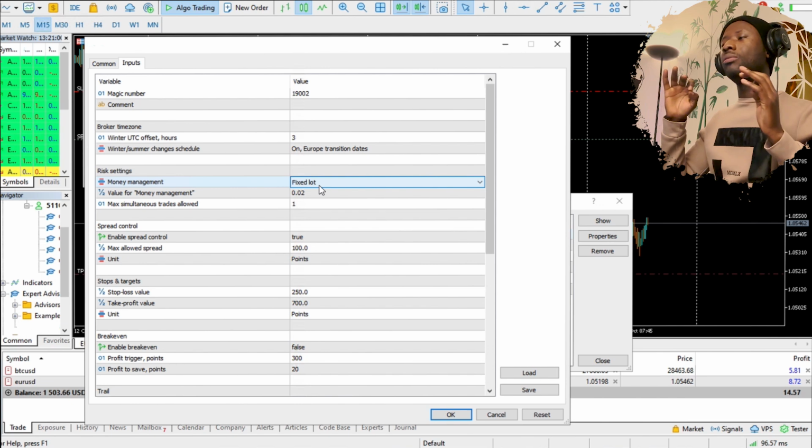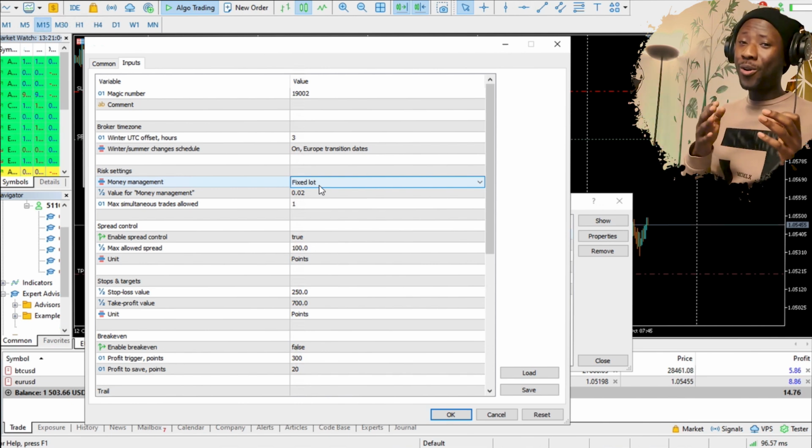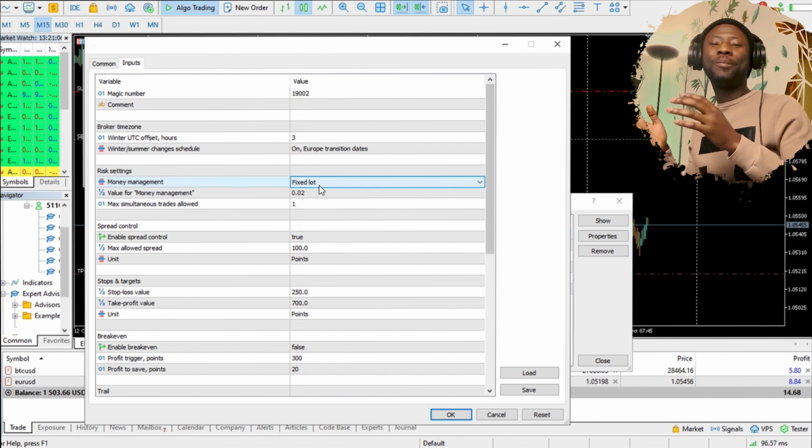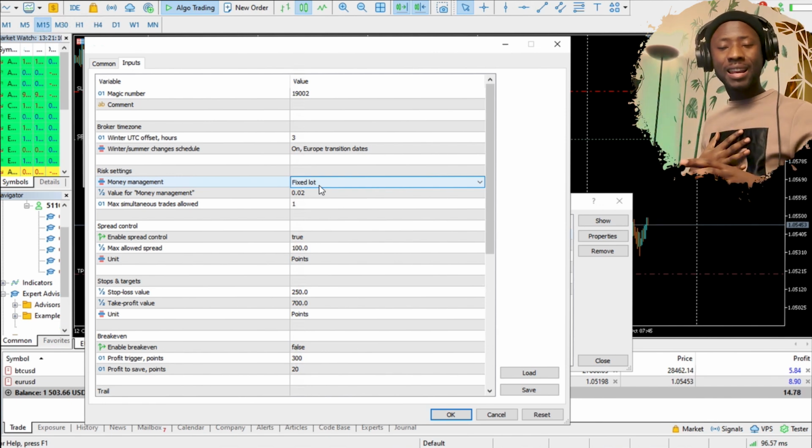I won't explain much about that. It has its pros and cons, all right? But I like to have my robots trade like a human trader, and I want to be the one to decide when to increase my lot size, not when the robot should.